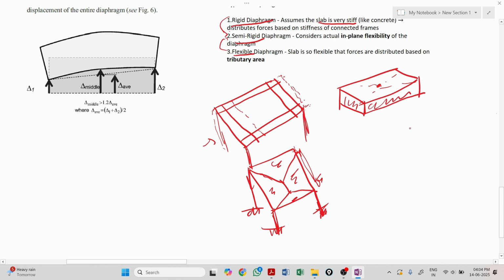Rigid frames. In this case, the movement is somewhat large because it is flexible. So the load will be like this.